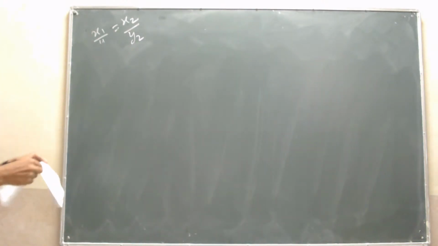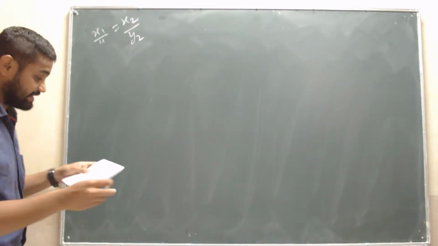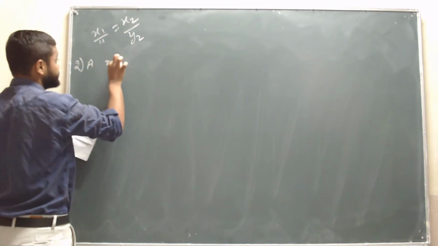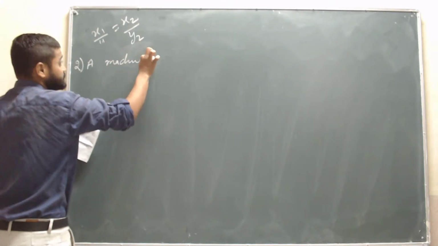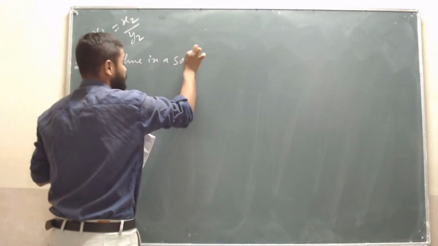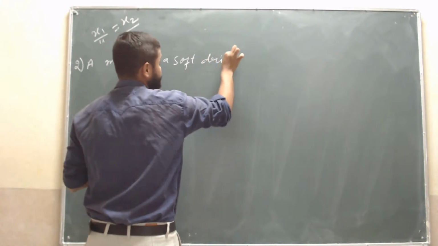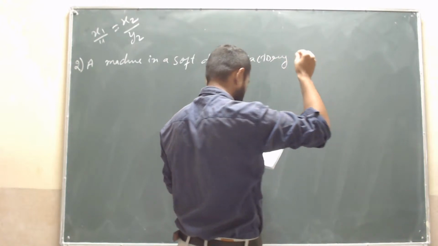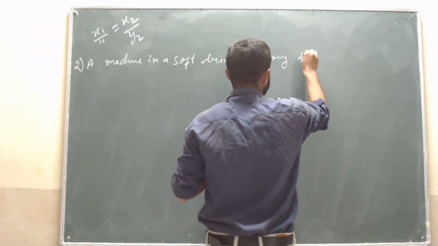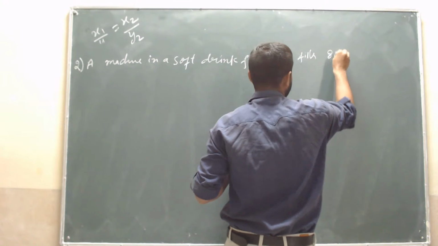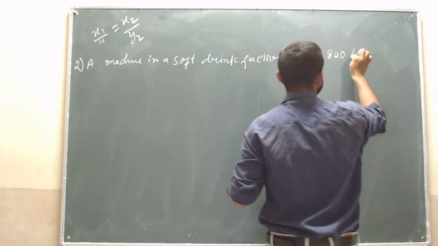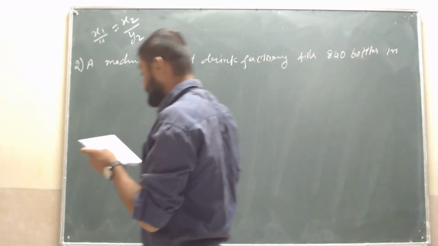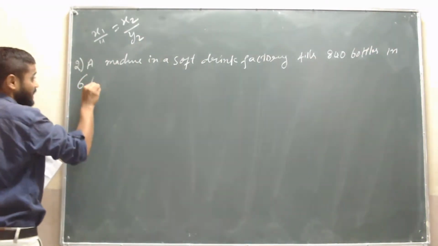Yeah, children, a machine in a soft drink factory fills 840 bottles in 6 hours.